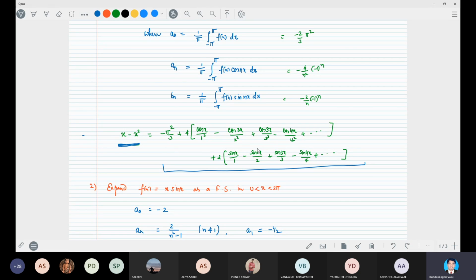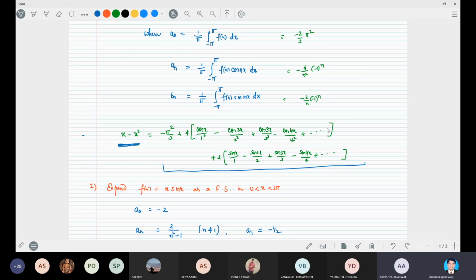The Fourier series representation of x minus x² is shown like this in this example. From here what we understood is that x minus x² is expanded into an infinite series, not in powers of x but in terms of sine and cosine, right?